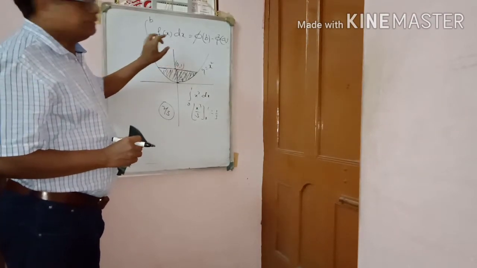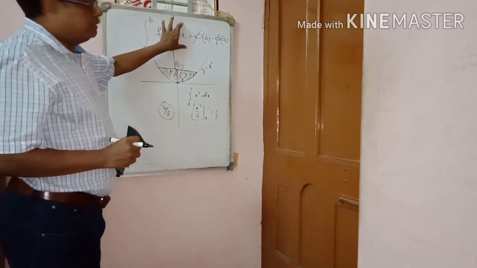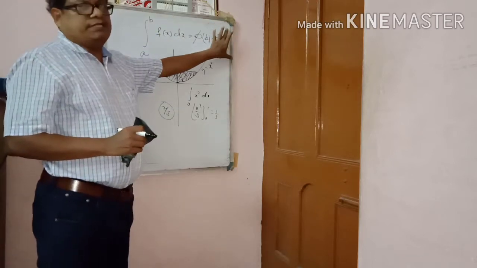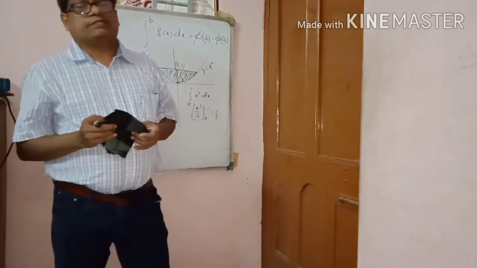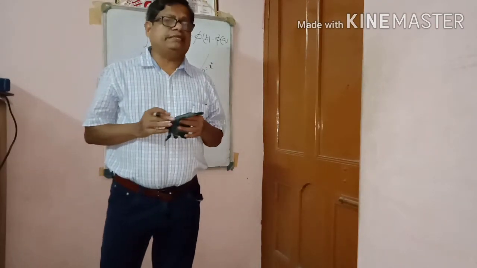Now, this one will be integration a to b f of x dx. That means phi b minus phi a. So one theorem is there. This is the fundamental theorem of integral calculus.